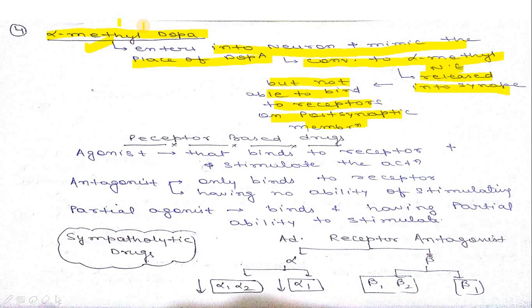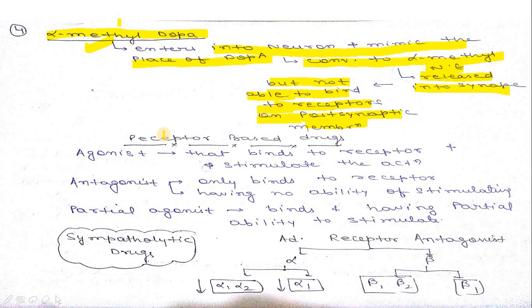Okay, alpha methyl dopa is converted into alpha methyl norepinephrine. It is also released in the synapse, but the final step, that is the binding of alpha methyl norepinephrine to the receptor, is not going to happen there. Okay, so the alpha methyl dopa drug can also inhibit the action of your sympathetic nervous system. Okay, so these are the basic drugs which are targeting the formation of the norepinephrine, also release of the norepinephrine.